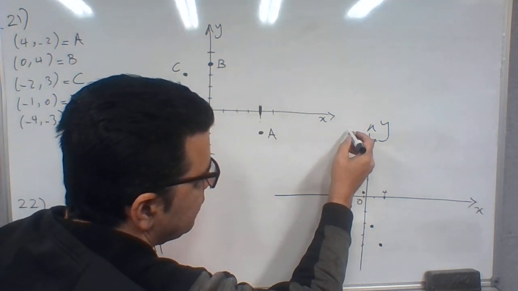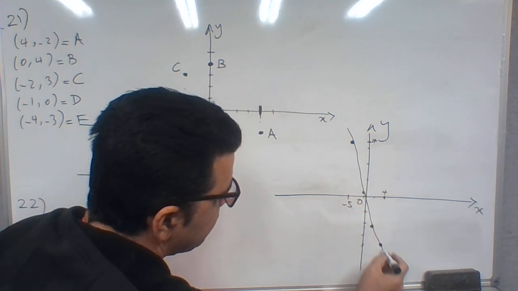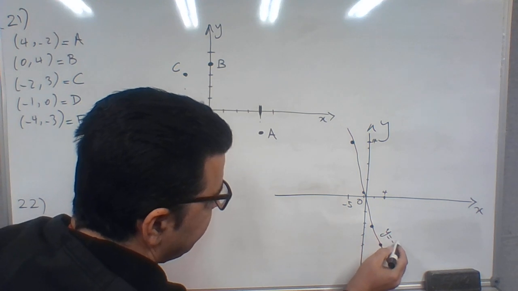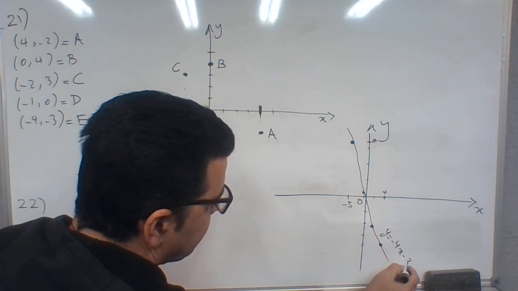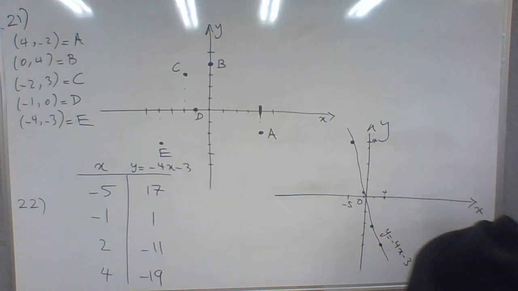So we want to start from here and pass through all these points. So this is y equals negative 4x minus 3. Okay, that was problem number 22. Let's go to problem number 23.